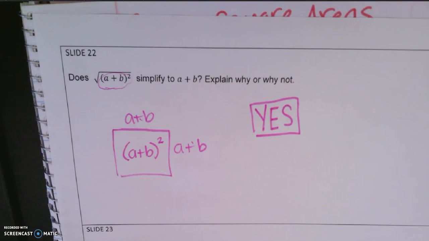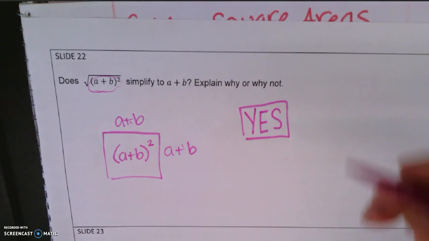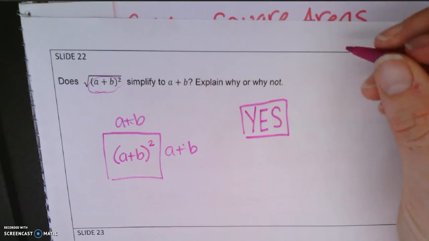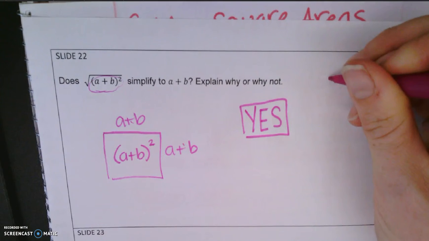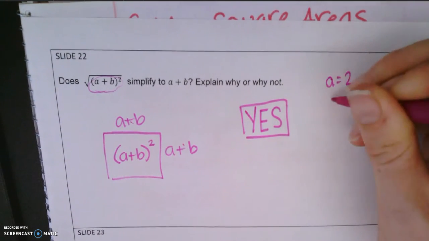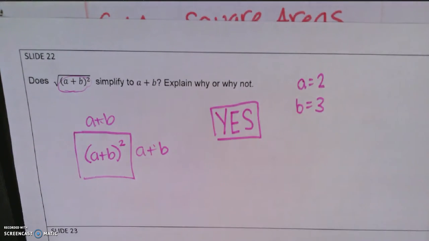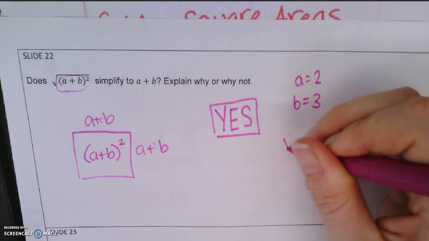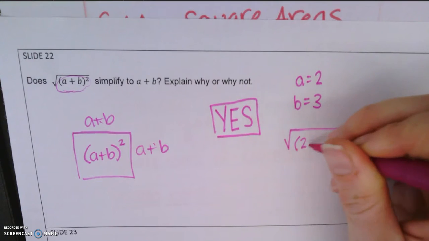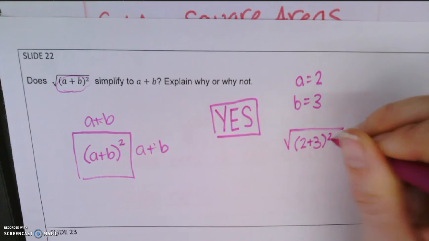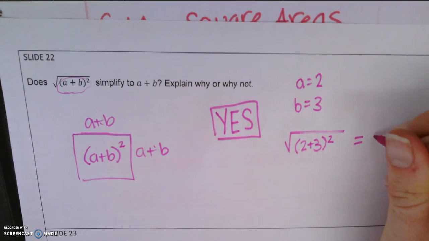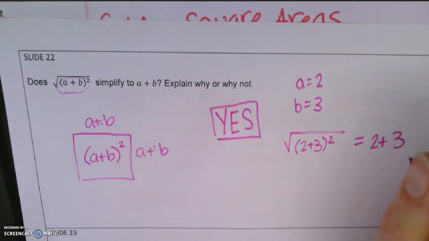Another way you can think about this is by substituting in numbers. So let's substitute in 2 for A and 3 for B. So taking a look here, this is saying if you take the square root of 2 plus 3 being squared, does that equal 2 plus 3?